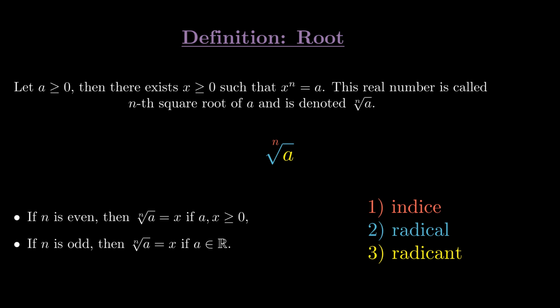So in the second case, it's really more flexible. You can see that the square root and the cubic root are particular cases of this general definition. Don't forget that for even values of n, we only consider the positive solution.